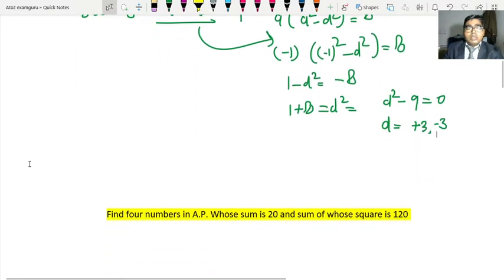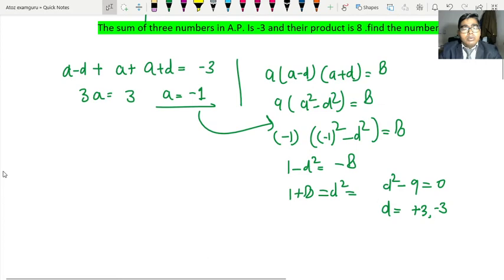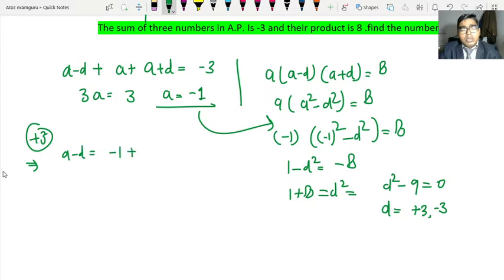Now let us see the terms. If we take the positive value plus 3, what do we get?